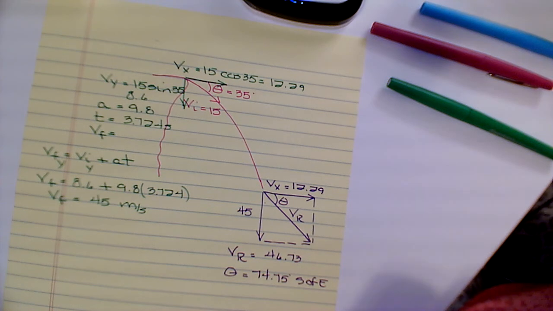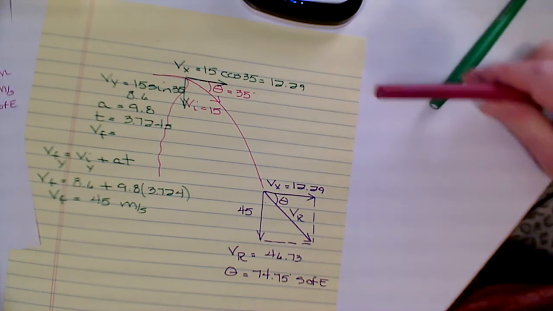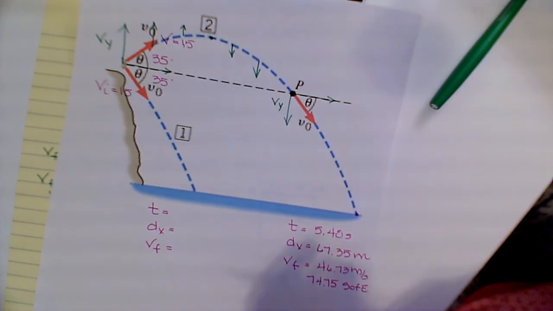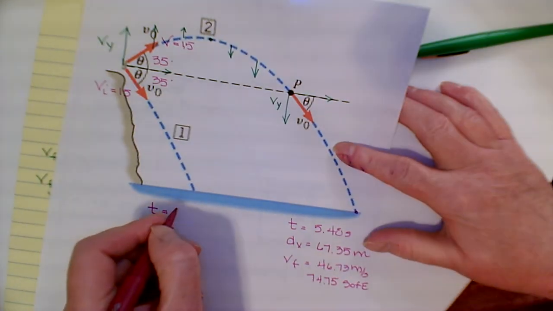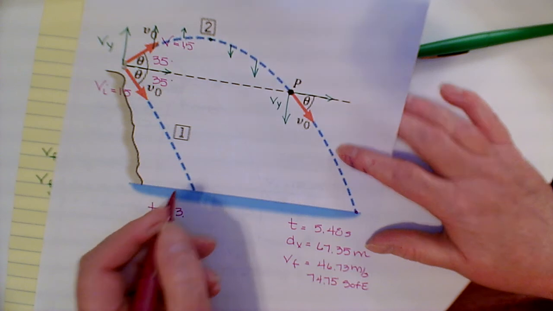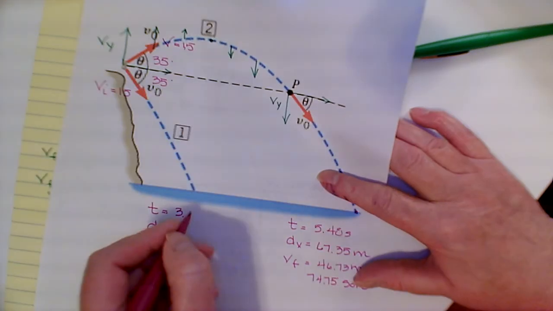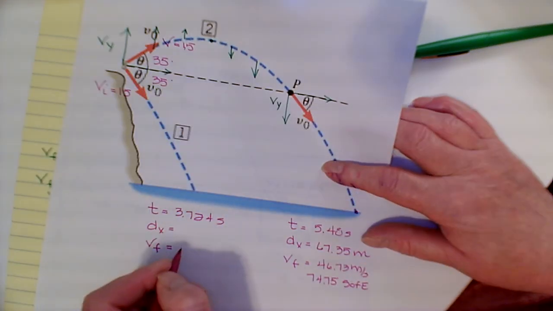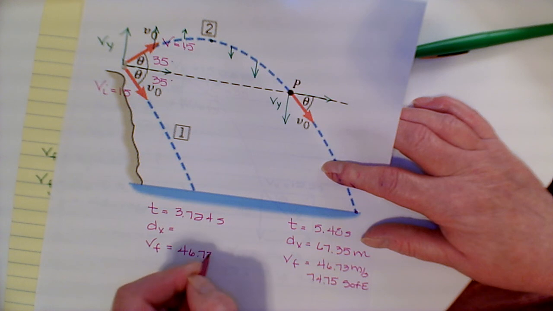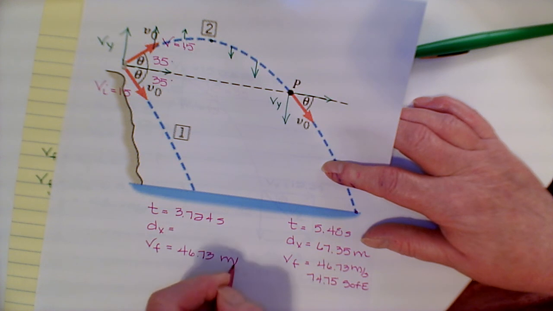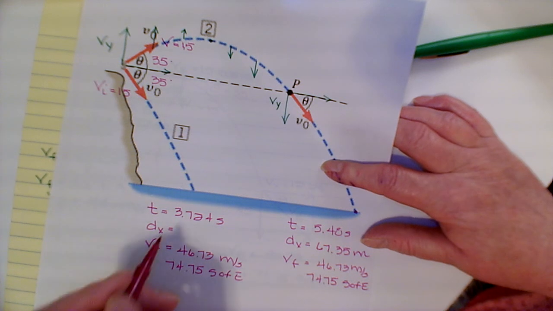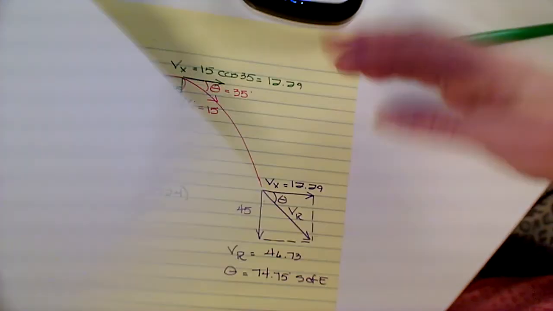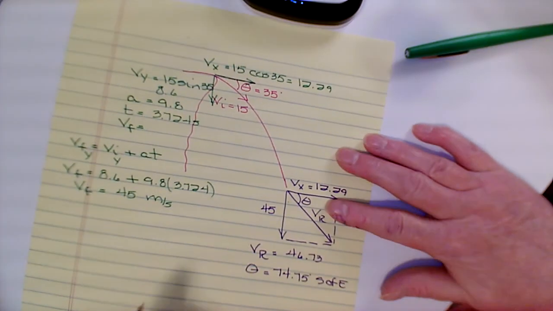So I can write that back on my chart over here. The time that this one is in the air is 3.724 seconds. The final velocity is going to be the same, 74.75 south of east. And now I just got to find dx.